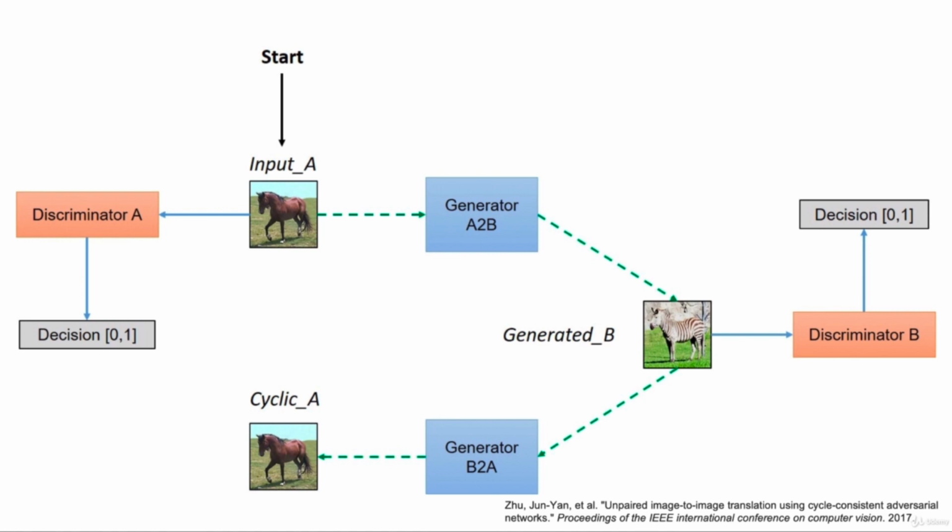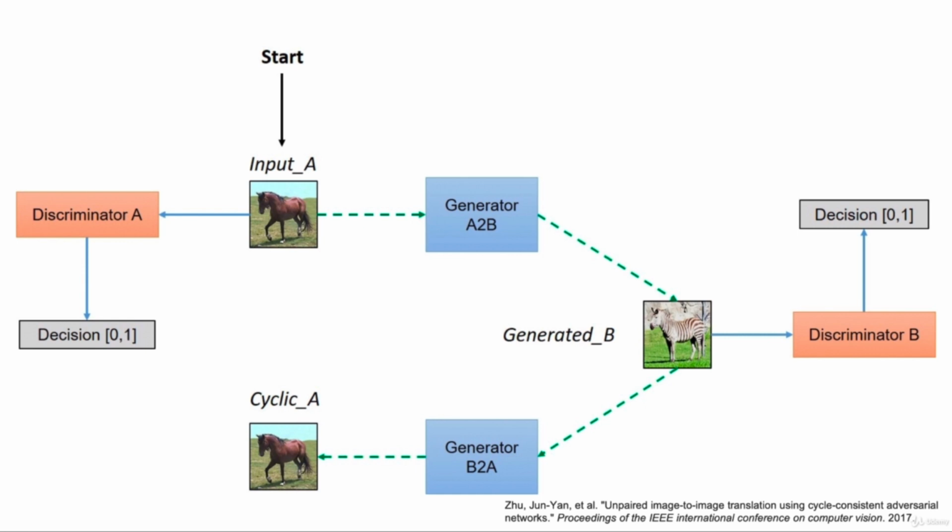Now we have 2 classes, type A and type B. The image A is an input for the discriminator A, which decides whether the image is of type A or B. Then image A is an input for the generator A to B, which transforms a horse into a zebra. After that, the discriminator B decides if this image is of type B or A. The generator A to B tries to transform the input image to type B such that the output will be indistinguishable.